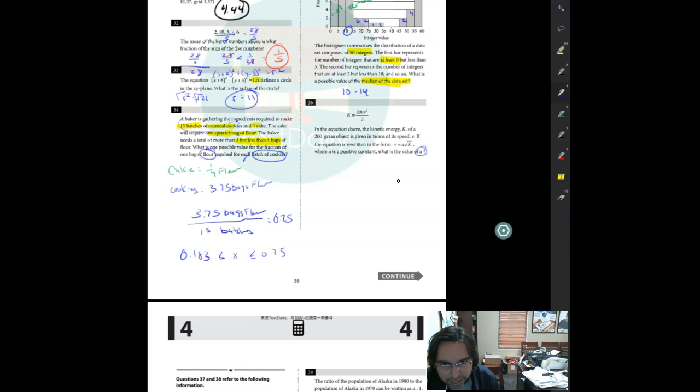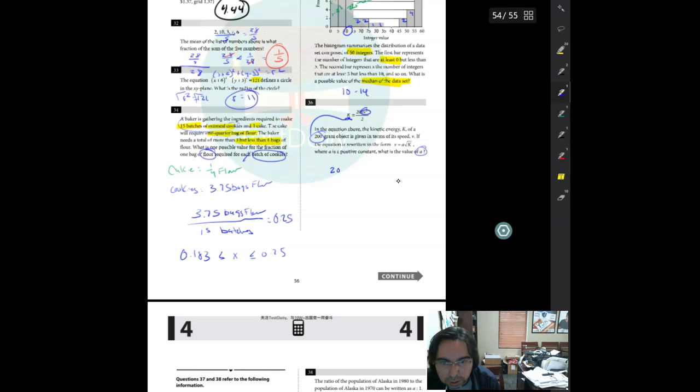And we understand that in the equation of the kinetic energy K of a 200-gram object, we know that the 200 here is going to go where the K is at, and we're going to solve for V, right? So as we do that, I'm going to rewrite it.